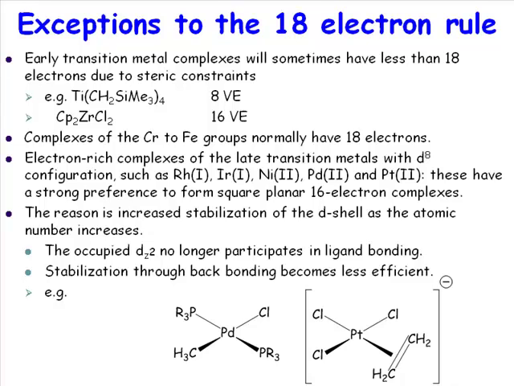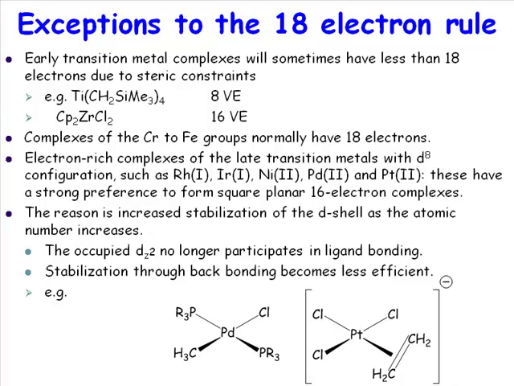And in these square planar compounds, what's happened, of course, is that dz squared is occupied and non-bonding. So what we're essentially doing is taking dz squared out of our consideration. And when we remove one of those d orbitals from our consideration in that fashion, essentially we move from an 18 electron rule to a 16 electron rule.